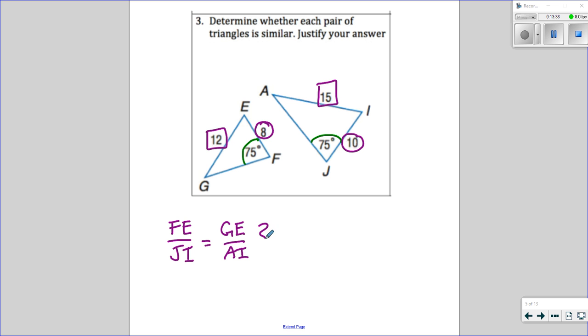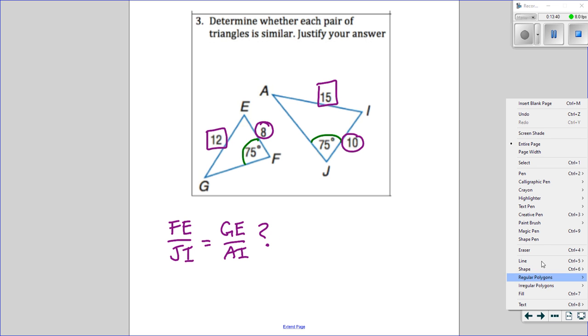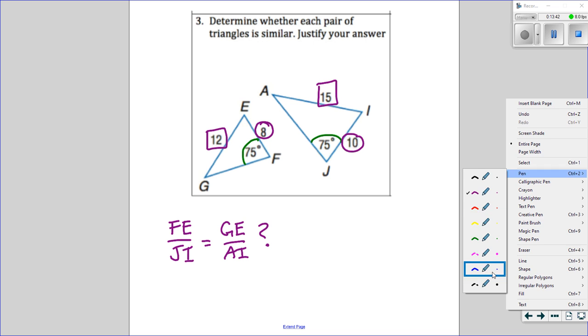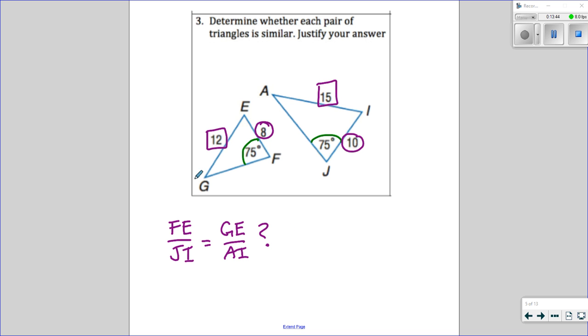I'm going to put a question mark because I have to figure out if they're in proportion. All right, so now plug in the numbers and see what I get.